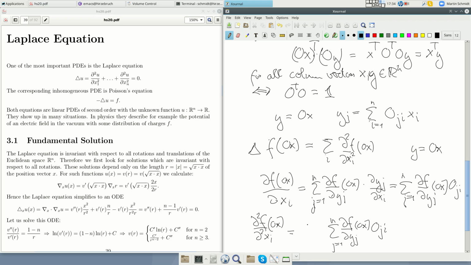And now we should calculate d by dx_i. The only place is here, so we get another sum, sum k equals 1 to n.